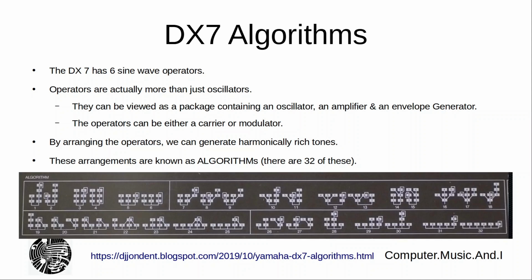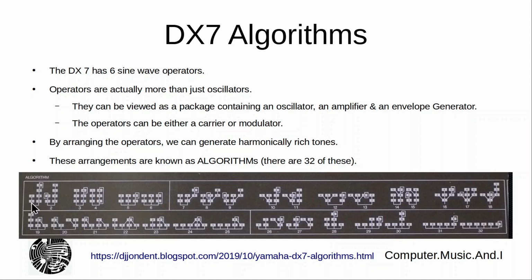By arranging the operators, we can generate harmonically rich tones, as we've explained early on. The DX7 knows so-called 32 algorithms, and these 32 algorithms are displayed here. In order to have an understanding of what is going on, they are stacked on top of each other in a vertical manner.